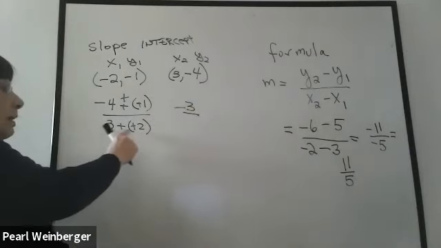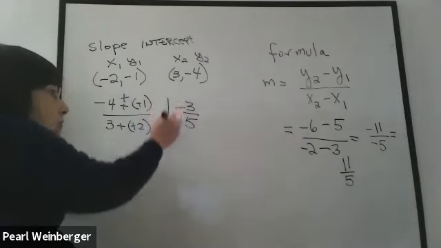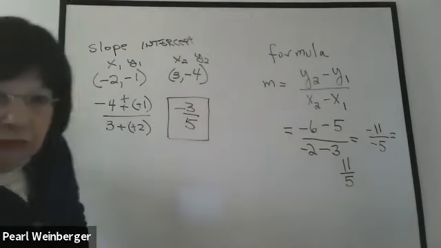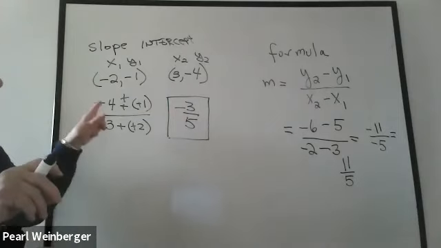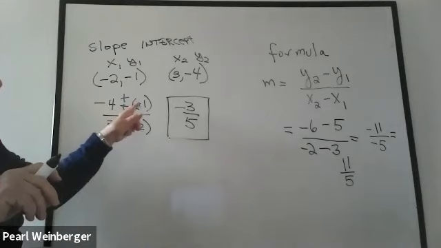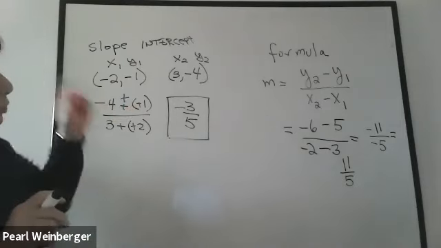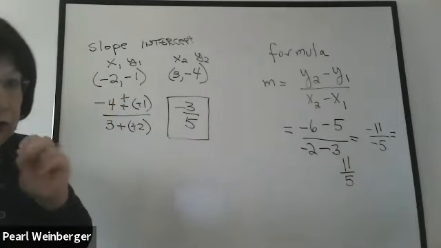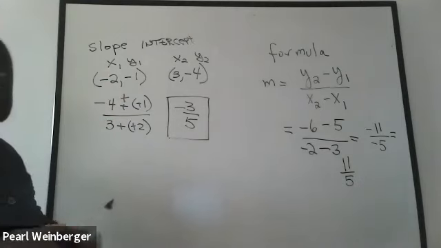And this is 3 plus 2, so that's 5. So your slope actually is -3 over 5. I saw a few people did -1 minus 1 and they just did -5. Once you have two negatives, it becomes a positive. So make sure you're doing your signs correctly. Want to try another one?